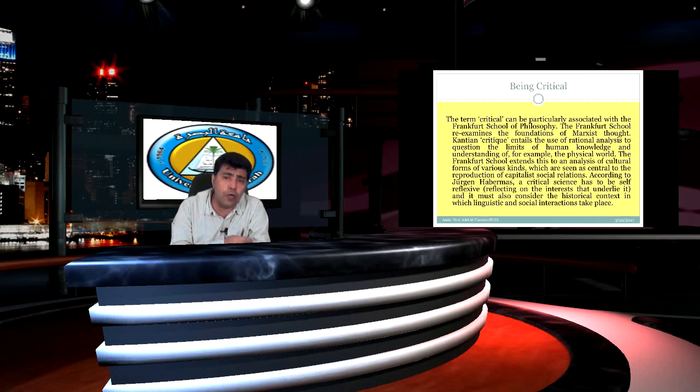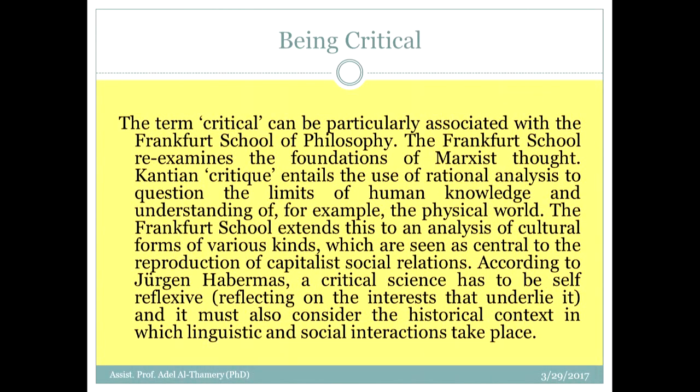If we go back further and examine the word critique as presented by Immanuel Kant, it means a rational analysis of the questions of how human knowledge is limited and how human knowledge is understood.